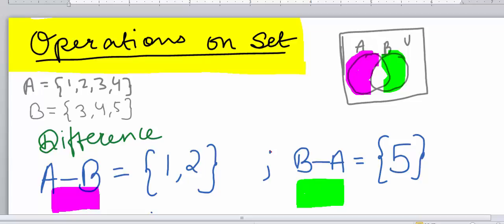So now you can see the difference of two sets, A minus B and B minus A, is not the same.